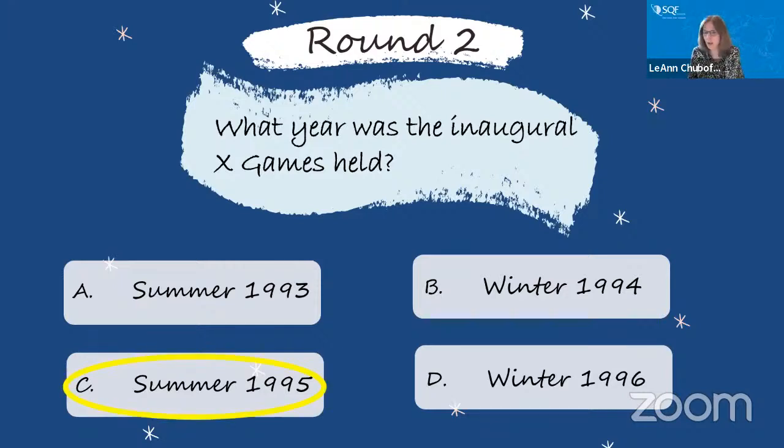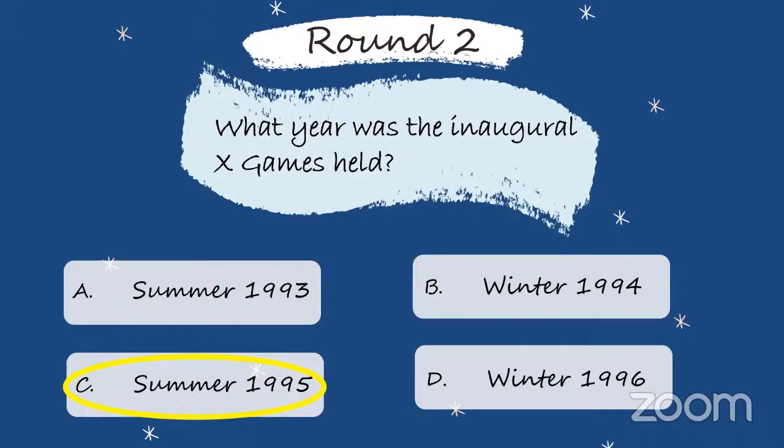It's actually summer 1995, but if they just put 1995, that would be okay too. The first person I see is Jenny Sue. Is that who you see, guys? Congratulations, Jenny.